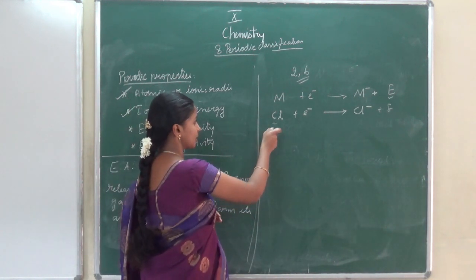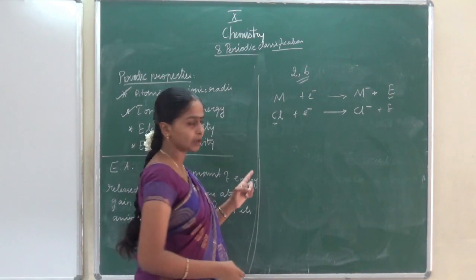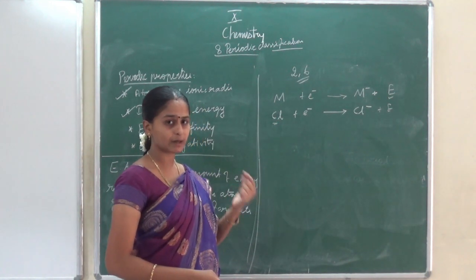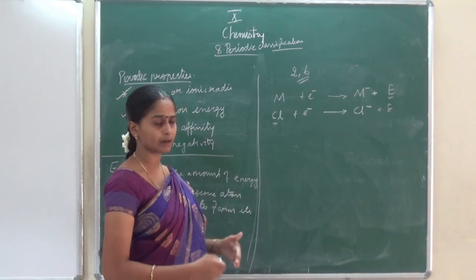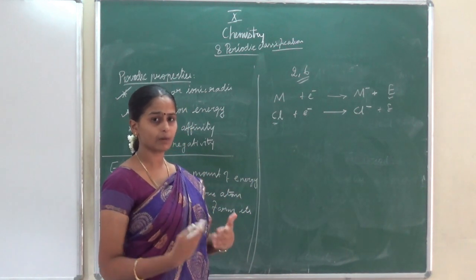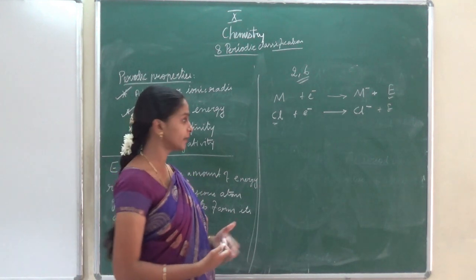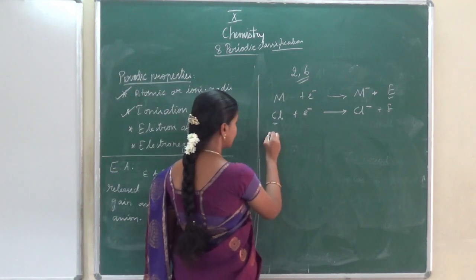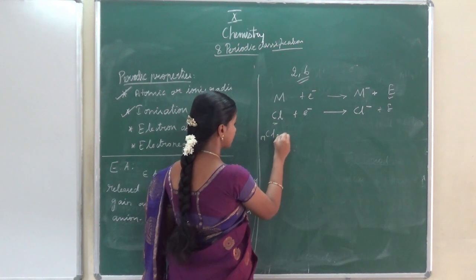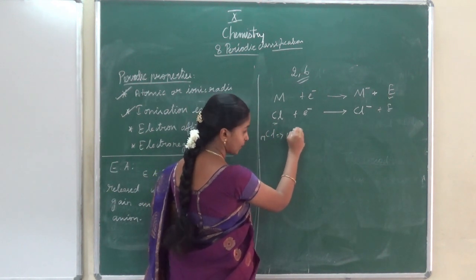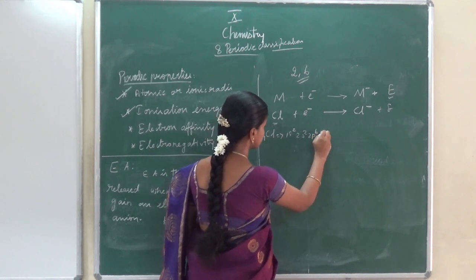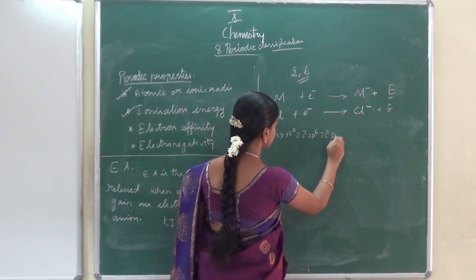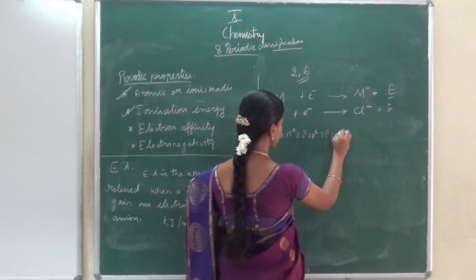If you notice this chlorine, it belongs to the 17th group. When it gains only 1 electron, it will become Cl minus. When you come to 11th standard, you will learn what electronic configuration is. So just simply I will write here. This chlorine is 17. When you write the electronic configuration: 1s2, 2s2, 2p6, 3s2, 3p5.